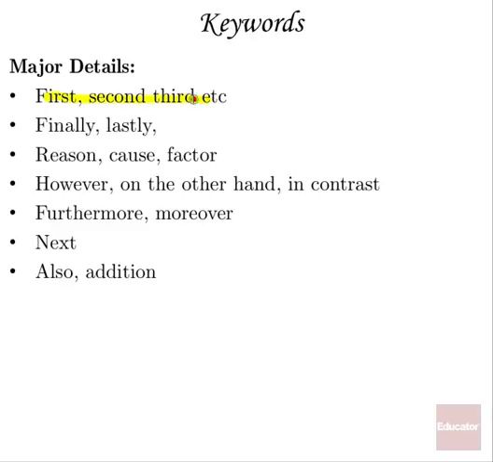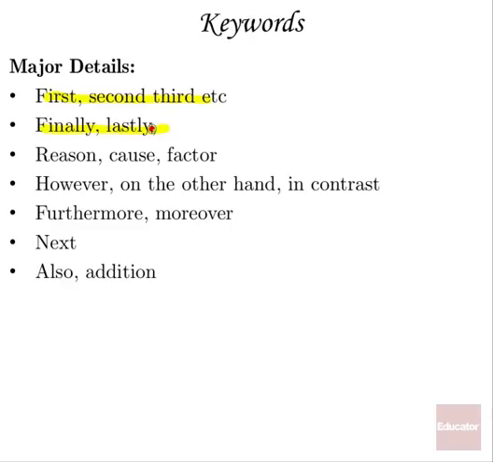We've got first, second, third. That almost always means major supporting detail. The only thing that almost definitely means major supporting detail is probably finally and lastly. If I get a paragraph and it's the second one from the end of the essay and it says finally and lastly, I know in that sentence I'm getting a major supporting detail.